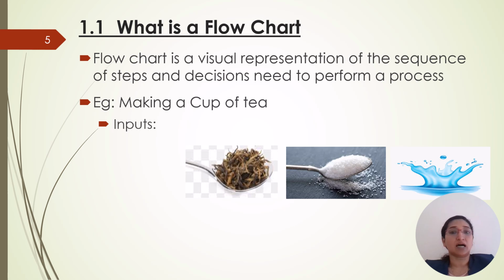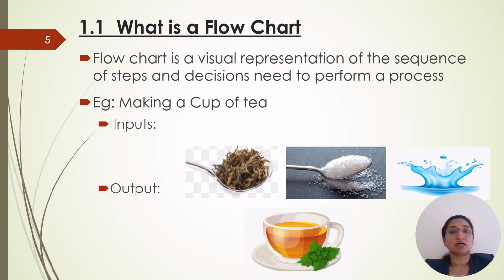What is your desired output? A cup of tea. Now to get this cup of tea out of these inputs, in between you have a set of activities and decisions to be made. Representing these steps graphically, we can make a flowchart.